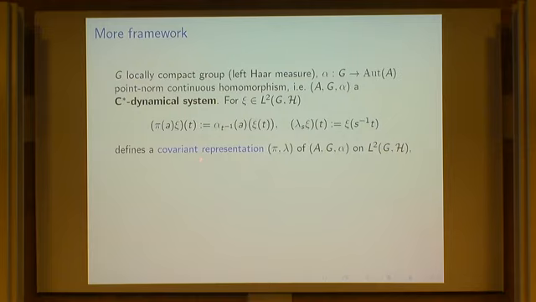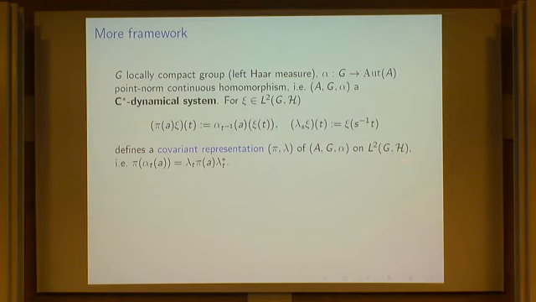You define covariant representations of your dynamical system. These are concretely designed covariant representations. Your algebra is concretely represented on a certain Hilbert space H, and then you design this sort of canonical pair of maps, which constitutes a covariant representation.